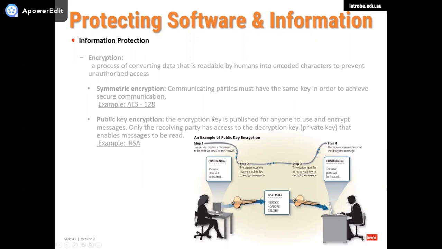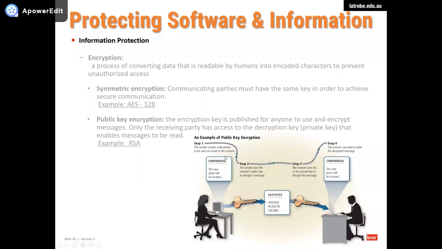And here is an example. Step one, the sender creates a document and wants to send it to the receiver. It contains a confidential message. Step two, the sender will use the receiver's public key to encrypt this message. Because this is a public key, everyone knows this key, so there's no secret.